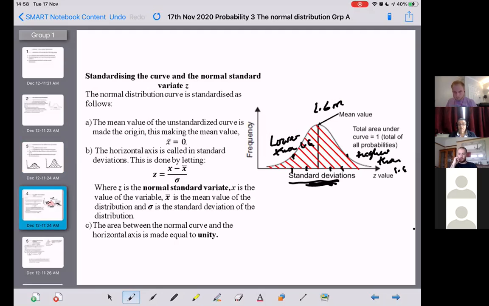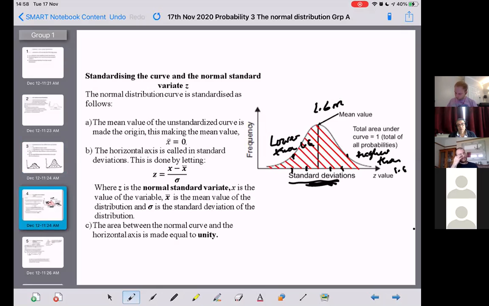Okay, now the last thing about the standardized curve is the area beneath the curve. The area between the normal curve and the horizontal axis is made to be equal to unity. Remember, we always have this with probabilities, that all the probabilities add up to 1.